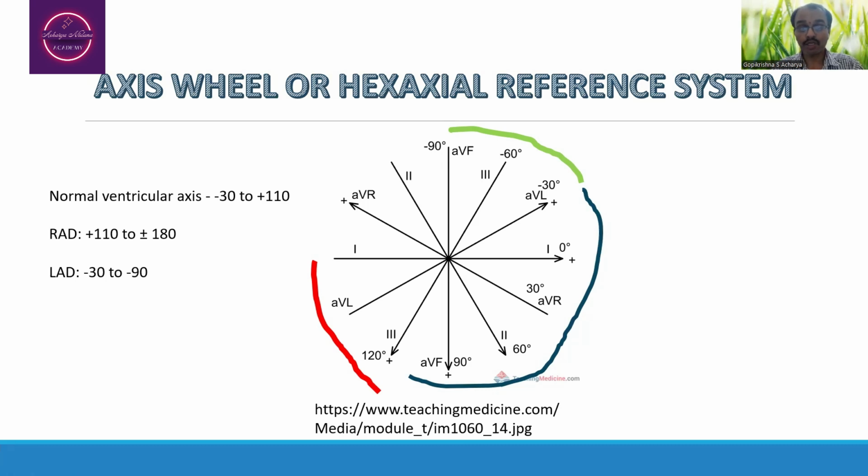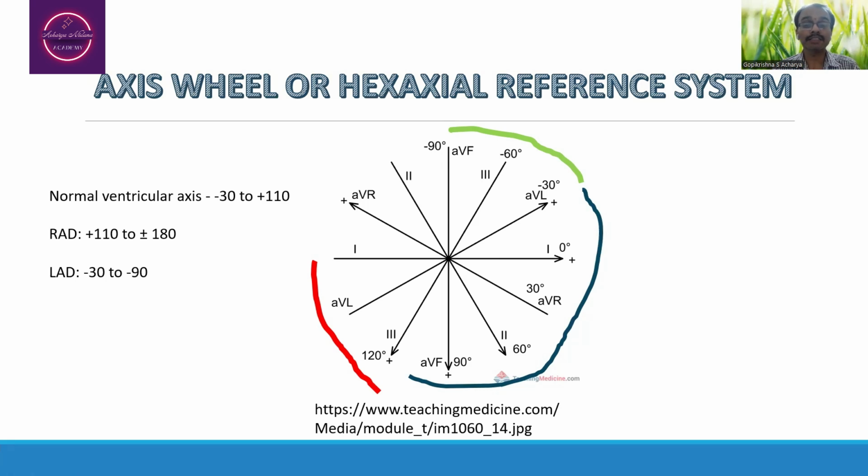The normal electrical axis is when the axis lies between minus 30 to plus 110 degree, which is depicted by the blue line. If the axis lies between plus 110 to plus or minus 180, it is said to be right axis deviation.